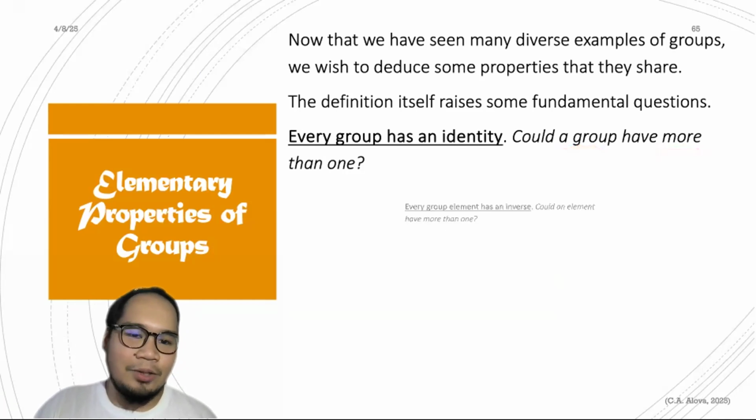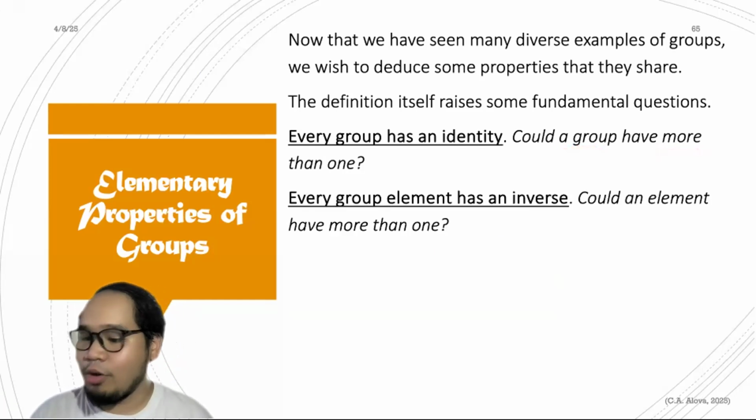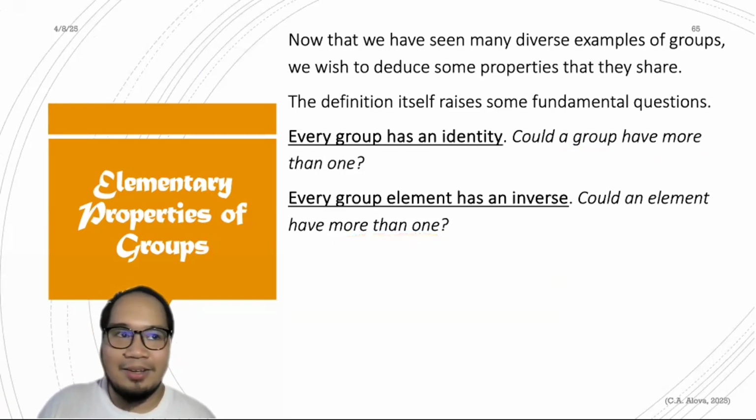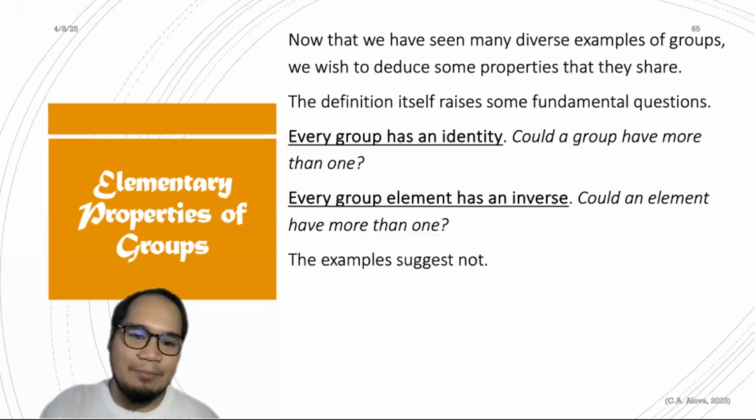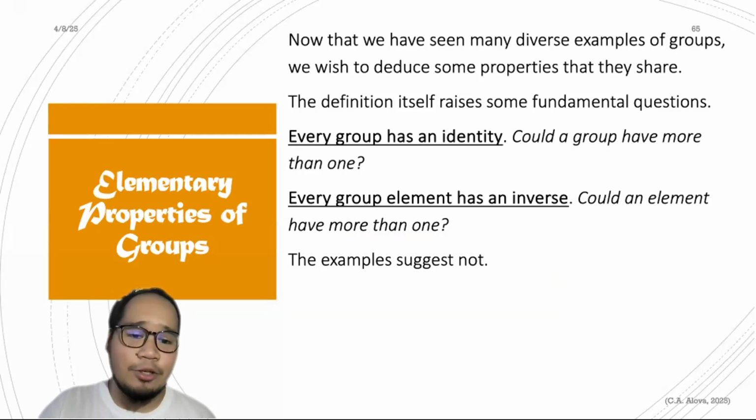We know that every element of the group has an inverse, but could it have more than one? Maybe infinitely many? In these examples, each group has an identity, and every group element has an inverse.